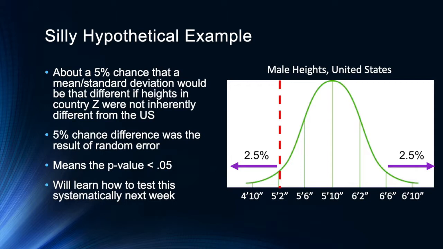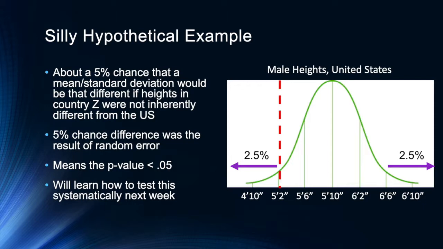So basically, there's a 5% chance that a difference this extreme would have occurred randomly. So as I said, with an alpha value of 5% or a 95% confidence level, 5% of the time you're going to get it wrong. It's going to be a random error. And then 95% of the time we're going to get it right. So that's what it means also.